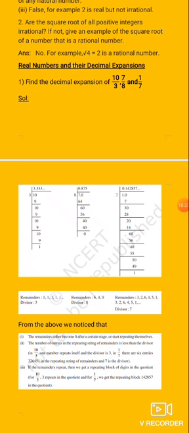So in all cases the remainders are less than the divisor. Now if the remainders repeat, then we get a repeating block of digits in the quotient. For 10 by 3, 3 repeats in the quotient, and for 1 by 7, we get the repeating block 1, 4, 2, 8, 5, 7 in the quotient.